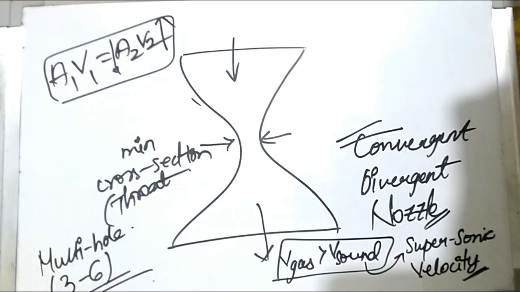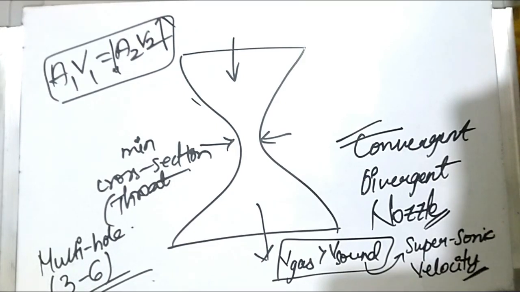Why? Because the oxygen can be distributed throughout the bath. Otherwise, to improve the efficiency of the oxidation, we require more oxygen, so more holes or nozzles are present. So this is about the lance design and the lance profile.